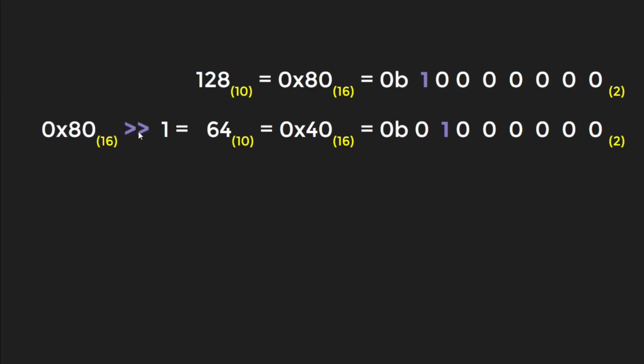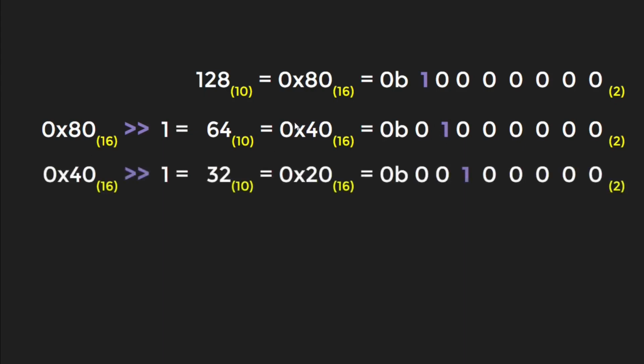I'll talk about what they do in a bit. What I obtained is 64 in decimal, which is hex 40, and as you can see, I shifted that bit one place to the right.